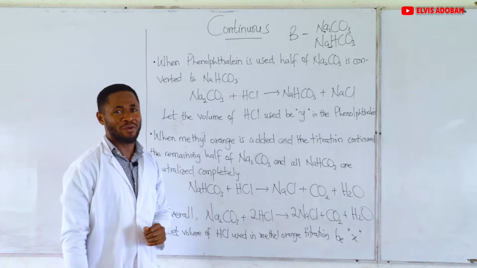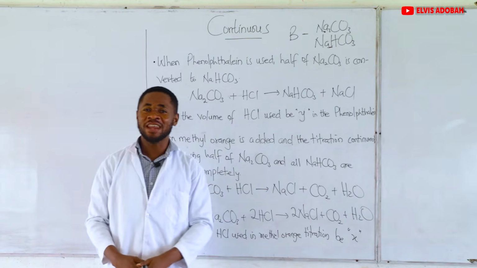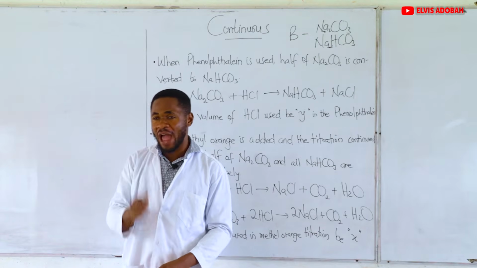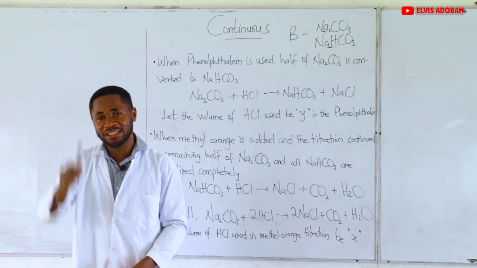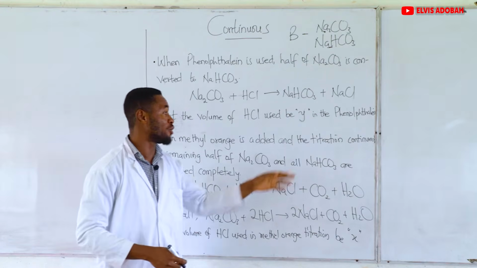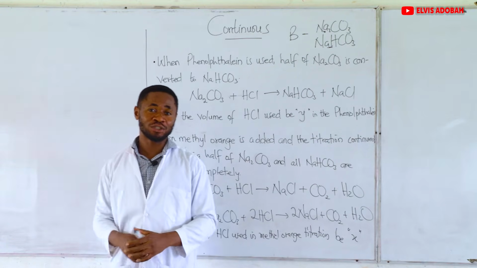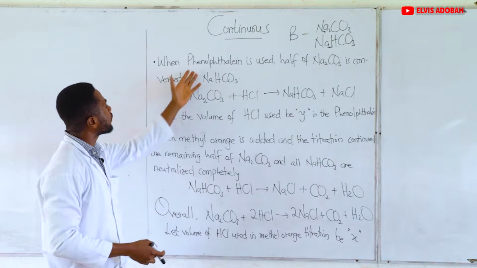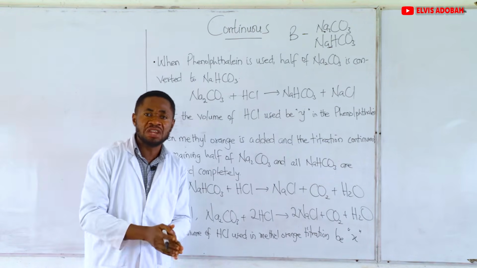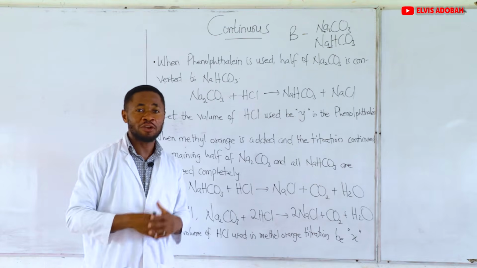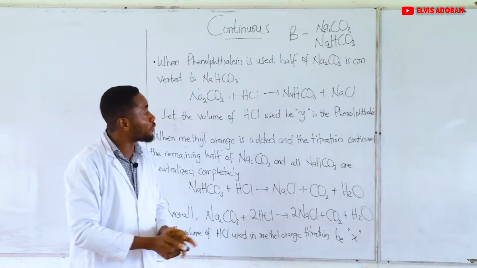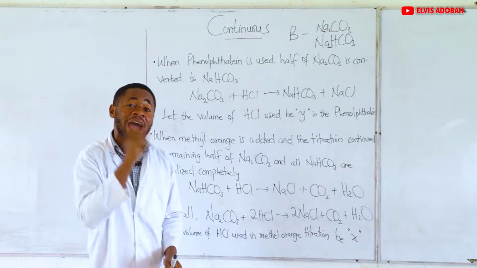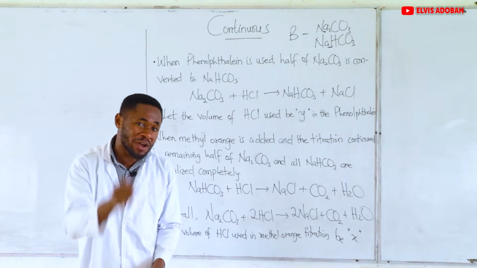Now remember, let me talk about the Y. In our table, we had Y as our average titer to be 5.05 centimeters cubed. That was our value for Y in the continuous titration. But let's assume we don't know. So, phenolphthalein has helped us to do an incomplete job. Instead of neutralizing everything, it took just half of the sodium carbonate. And even that half, it didn't neutralize very well.